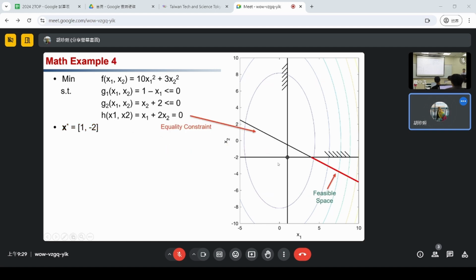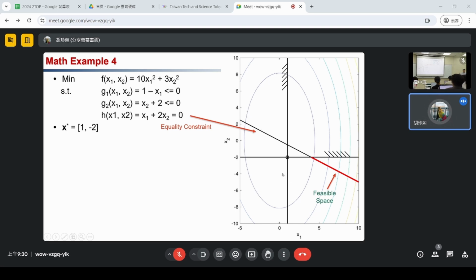Now, another rule. Usually in engineering, we have so many rules. So there's a third rule. This time, please be aware, I'm not having the smaller sign anymore. I'm having an equal sign. So if there's a rule that says x1 plus 2x2 must equal 0, then you can make a drawing. It's this tilting straight line here.